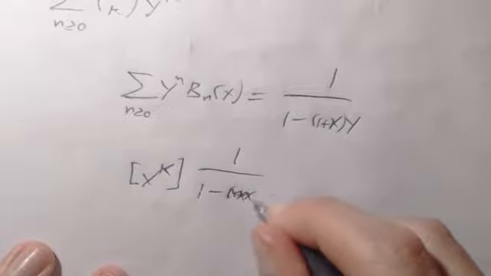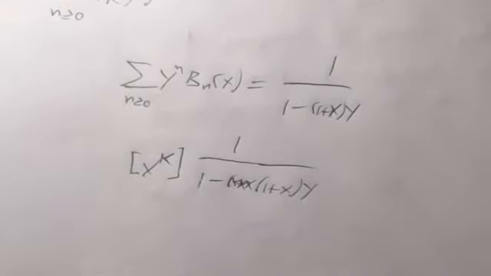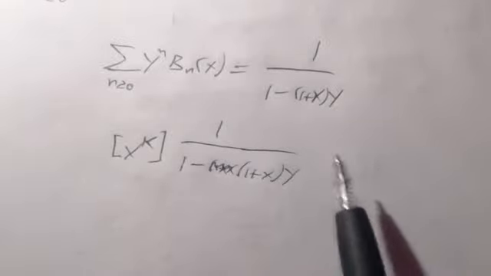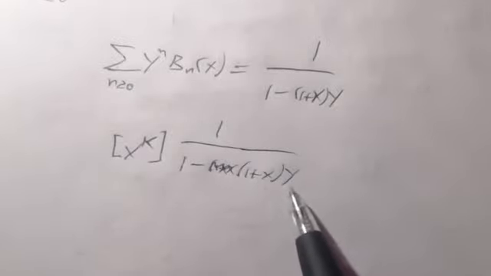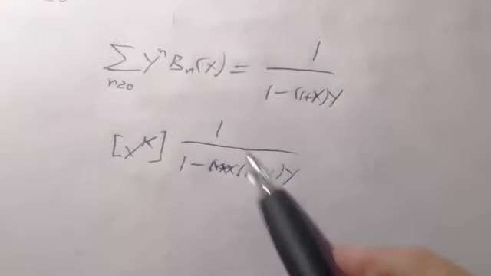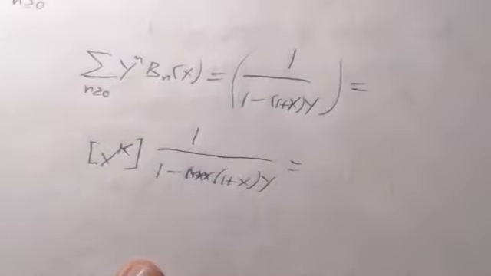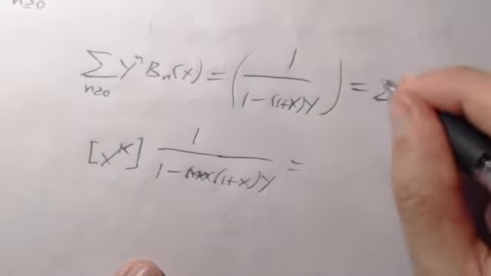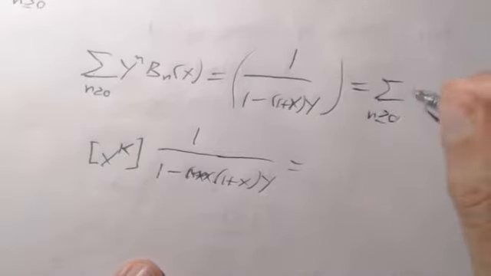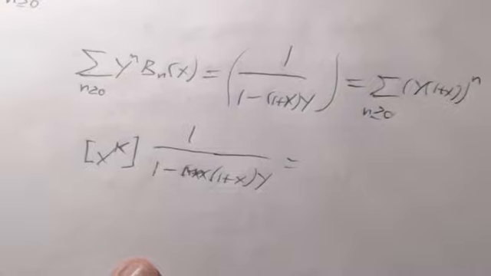And I really didn't understand the algebra. 1 minus (1 plus x) times y. I really didn't understand why they were doing what they were doing. But all they were doing is, think of this as a geometric series with ratio (1 plus x) times y. So this thing here is just the sum of n greater than or equal to 0 of y to the n times (1 plus x) to the n.